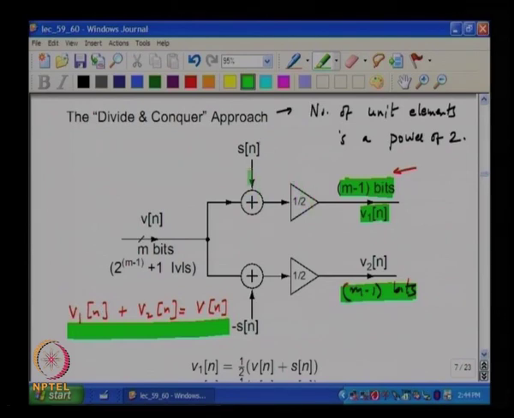Which is also equivalent to saying V plus something by 2 and V minus something by 2. I call that something S. Does it make sense?